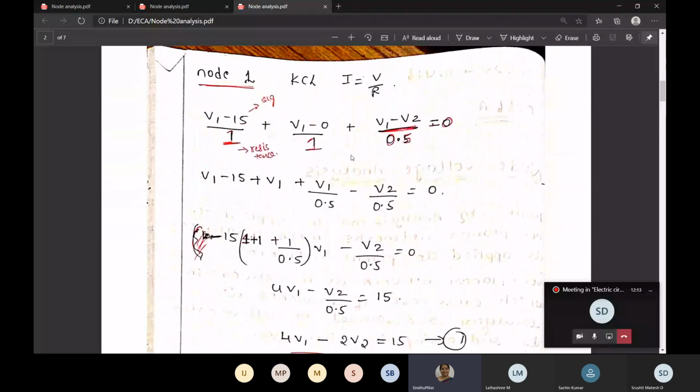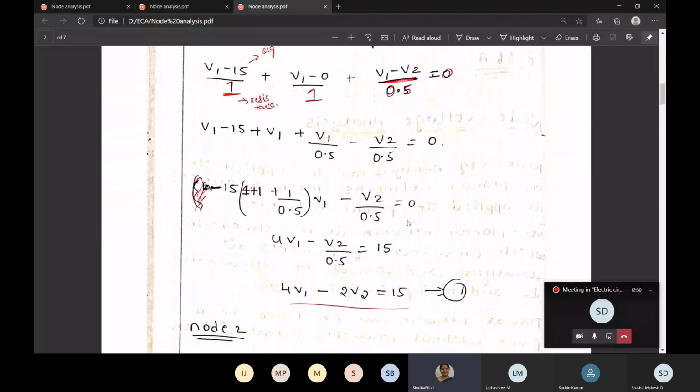See, first for node 1 you have to simplify this before going to node 2. Simplify the equation, so bring all the V1 terms to one side. So we have V1 minus 15 plus V1 by 0.5 minus V2 by 0.5. I have split it into numerator and denominator.